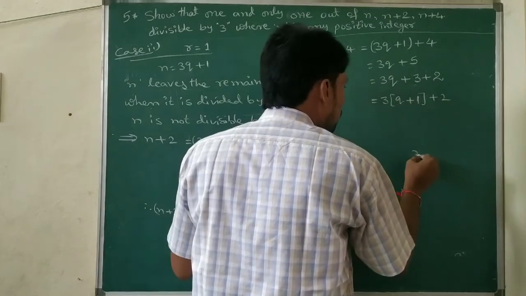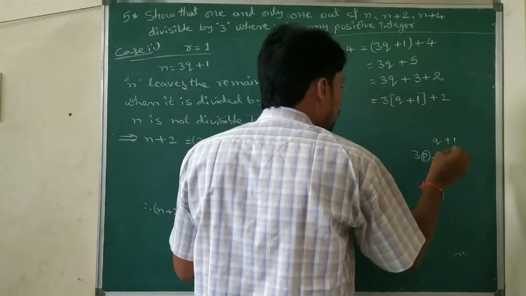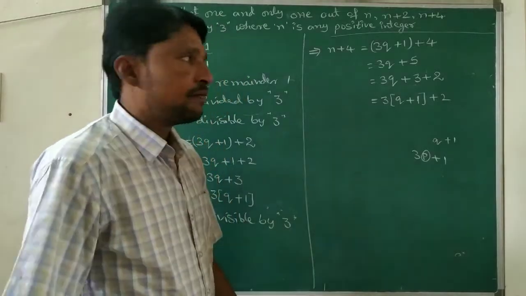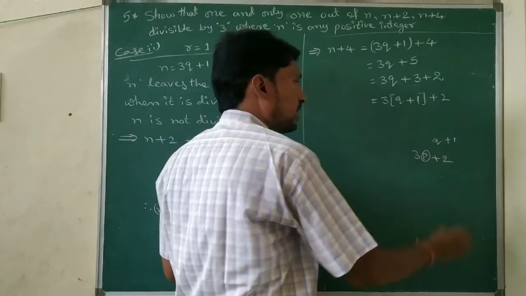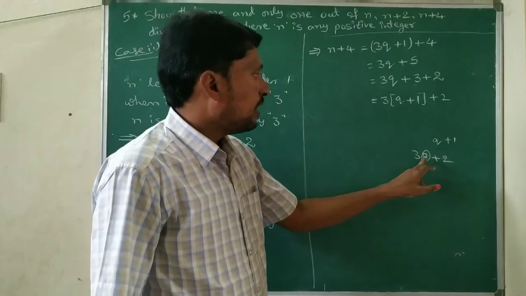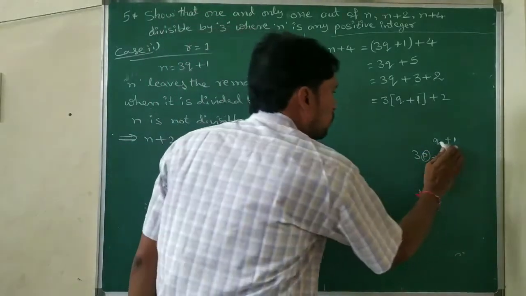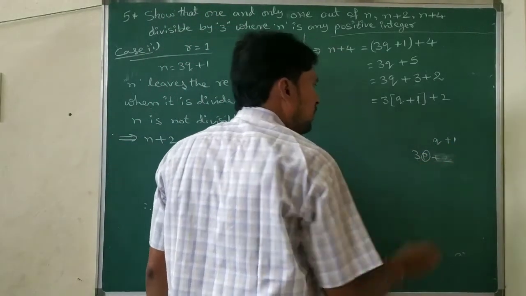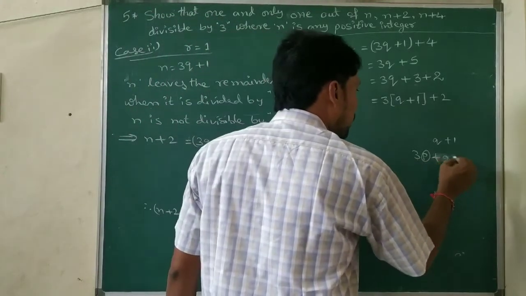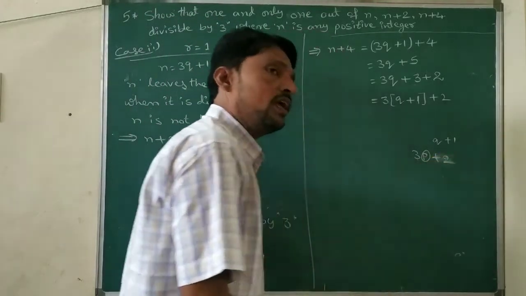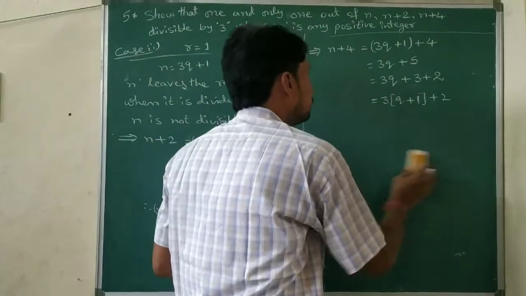So it is in the form of 3p plus 2, where p is q plus 1. Up to here, 3p is a multiple of 3, but plus 2 is there. Plus 2 means when we divide by 3, we get the remainder 2. That one we need to write.